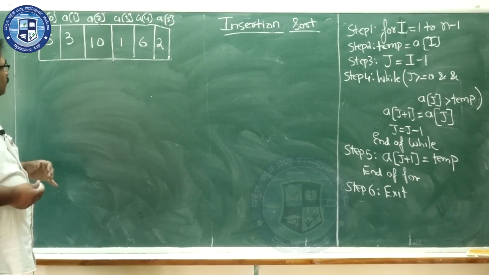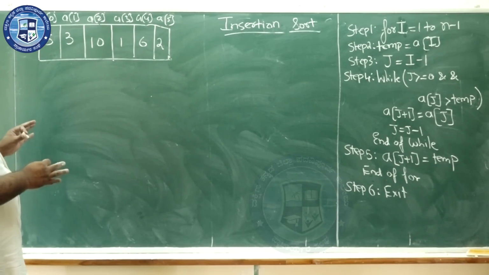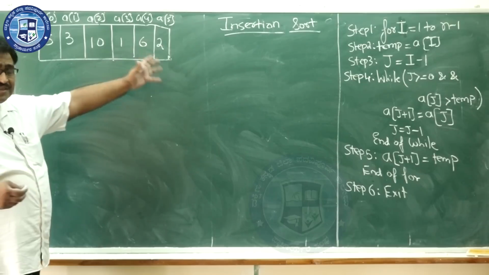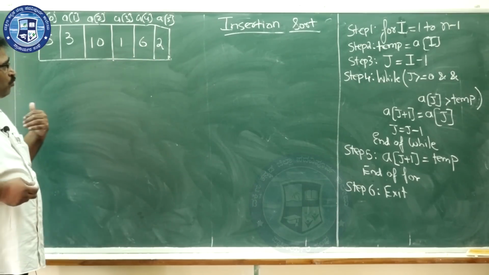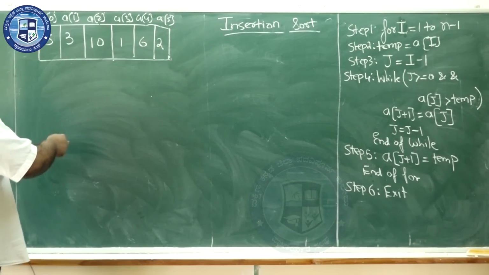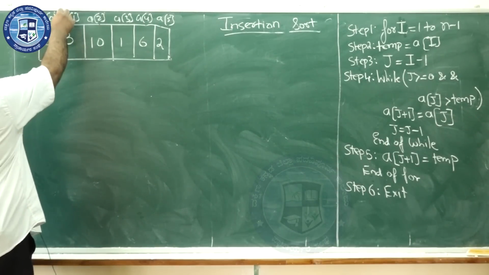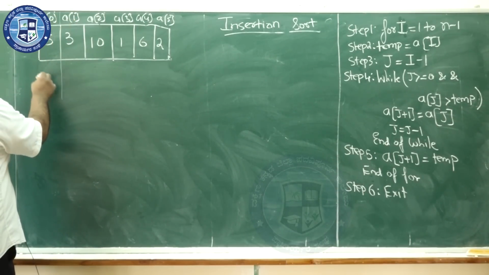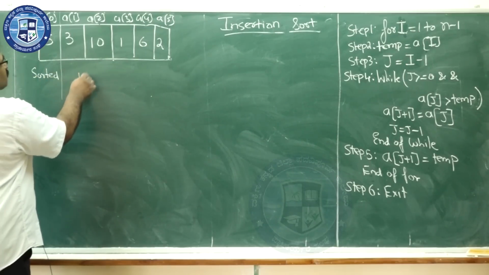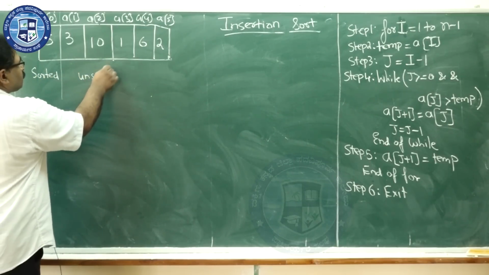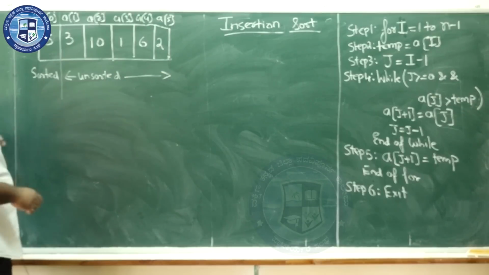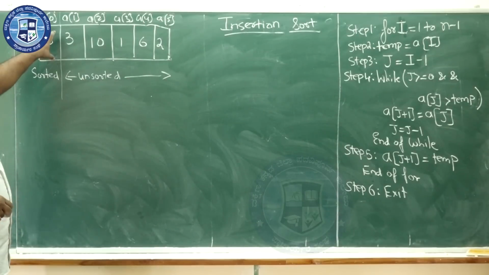That is important. Now when we take this, I've taken 1, 2, 3, 4, 5, 6 values, so your value of n is 6. And what I do here is I divide this into two parts. I say this is a sorted list and this is unsorted. Why have I taken only one element as sorted?